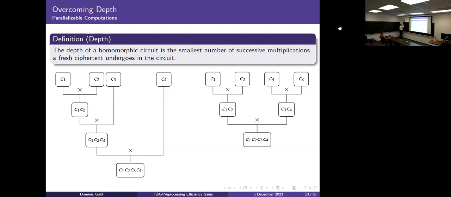And the ring that we work in is this ring, the cyclotomic polynomial ring, where this n is a power of 2. Effectively, let's just think about these as polynomials. That's the way I like to think about it.